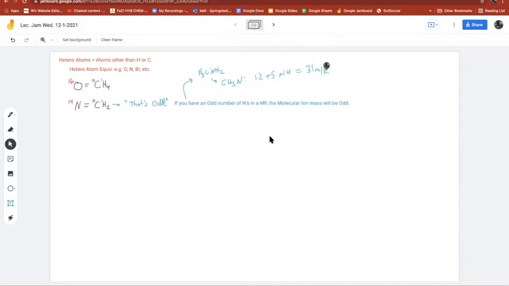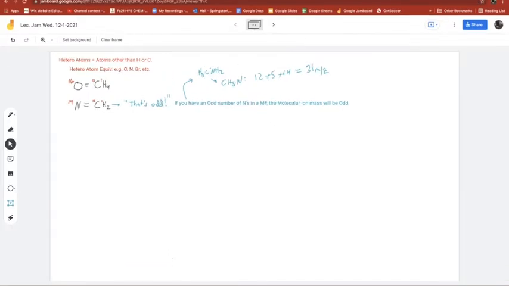That's odd. So if you have a molecule that's got a molecular ion that's an odd number, it should make you think, oh, it has an odd number of nitrogens. And for the examples I'm going to give you, just assume it's one nitrogen, because to give you 3 nitrogens, that's pretty tough. I would let you know if I wanted to do something like that. I'd make it obvious.